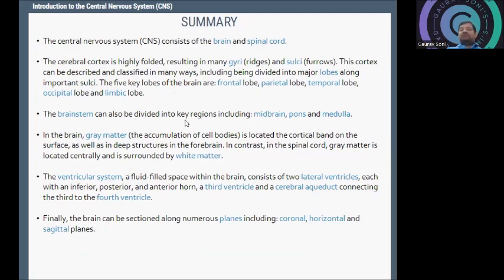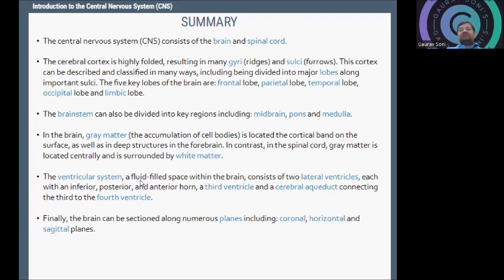The brainstem can also be divided into regions, including midbrain, pons, and medulla. In the brain, gray matter, the accumulation of cell bodies, is located in the cortical band on the surface as well as in deep structures in the forebrain. In contrast, in the spinal cord, the gray matter is located centrally and surrounded by white matter.